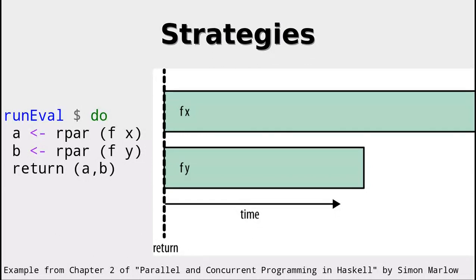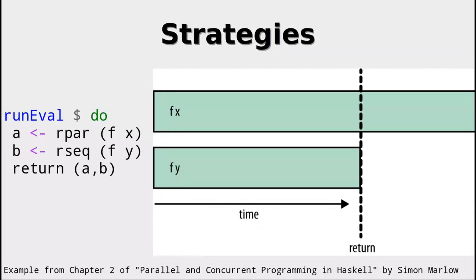Okay. So now we look at how to work with rseq, because rseq now forces evaluation to weak head normal form in a sequential manner. So here we see that for a, we still want to have some parallel execution of f of x, which is great, that's what's happening here.